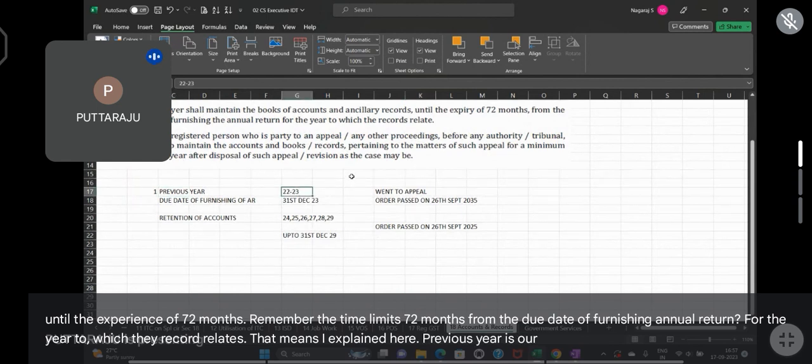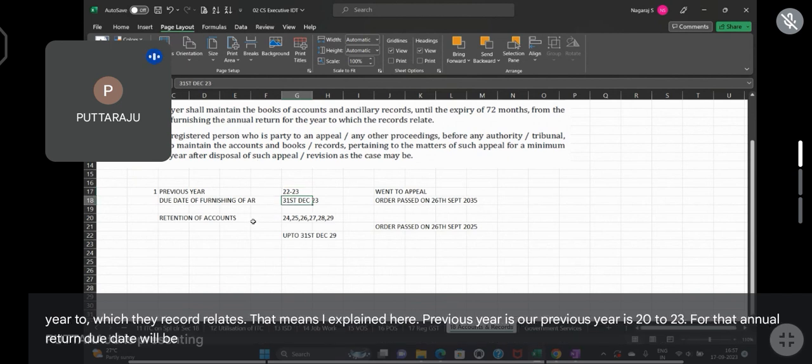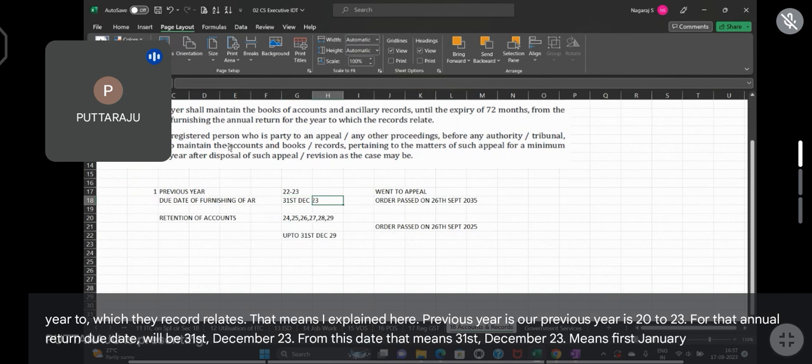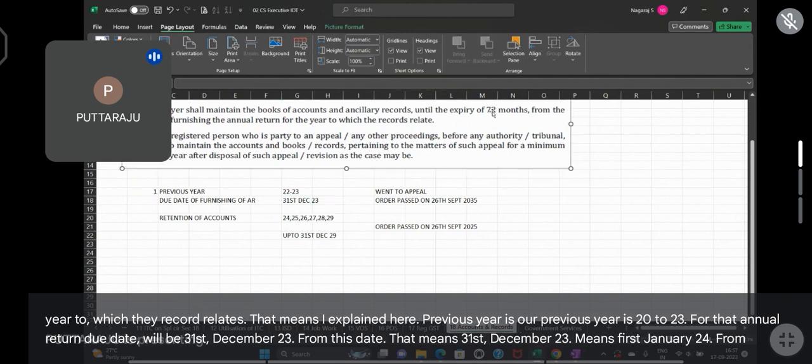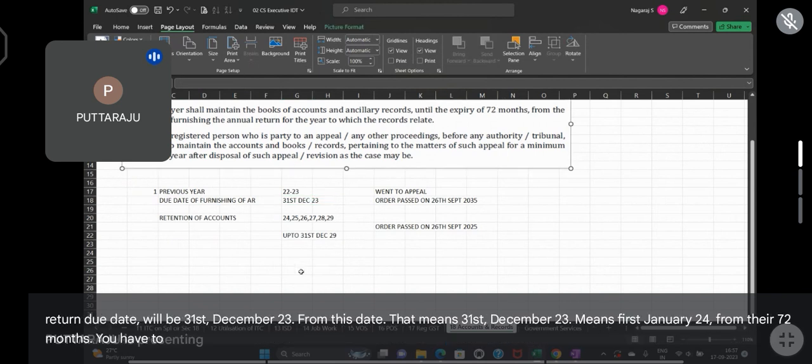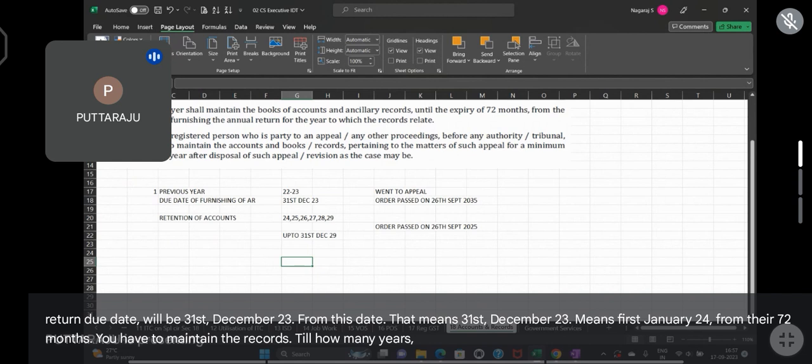Our previous year is 22-23. For that, the annual return due date will be 31st December 23. From 1st January 24, you have to maintain the records for 72 months. 72 months means how many years? 6 years.